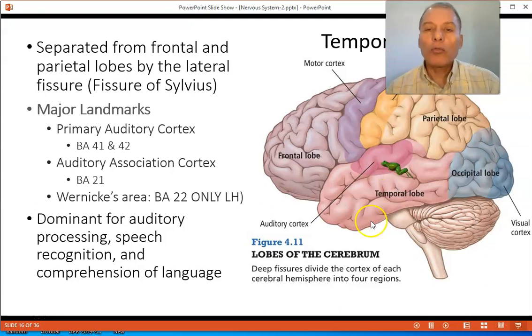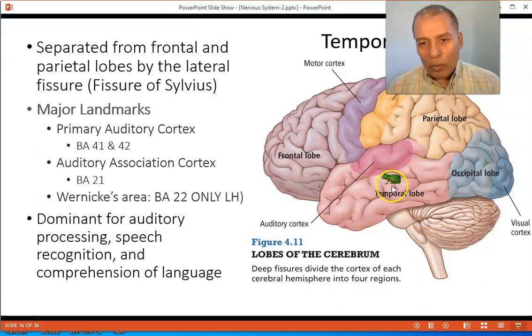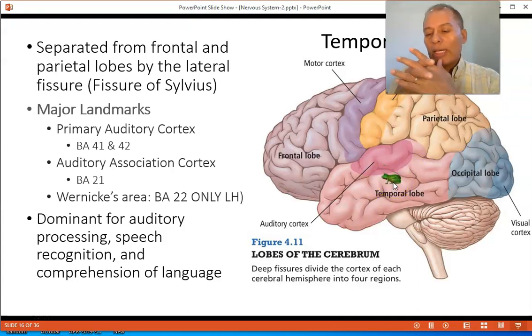So you have the word frog. What does that mean? It consists of the sounds f, r, a, g. And then you assemble the frog. What is a frog? And you send the information to the auditory association cortex in that area. And then the auditory association cortex communicates with the hippocampus to get the meaning.